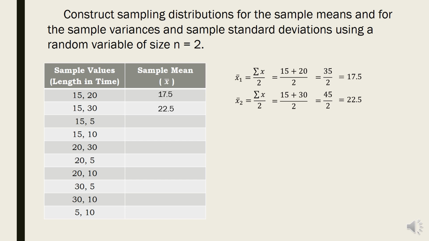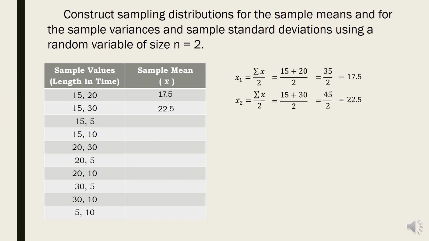Now, you try to compute the third set to the last set to find the sample mean of the given sample values. So just pause this video, then try to solve from the third to the last.